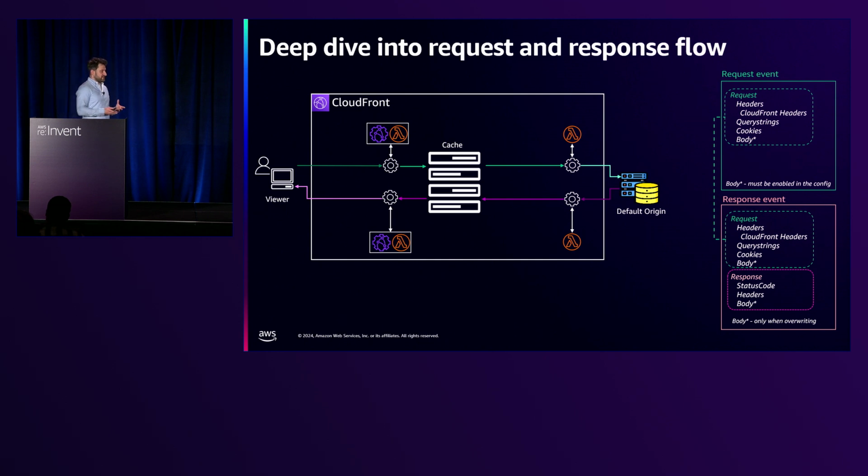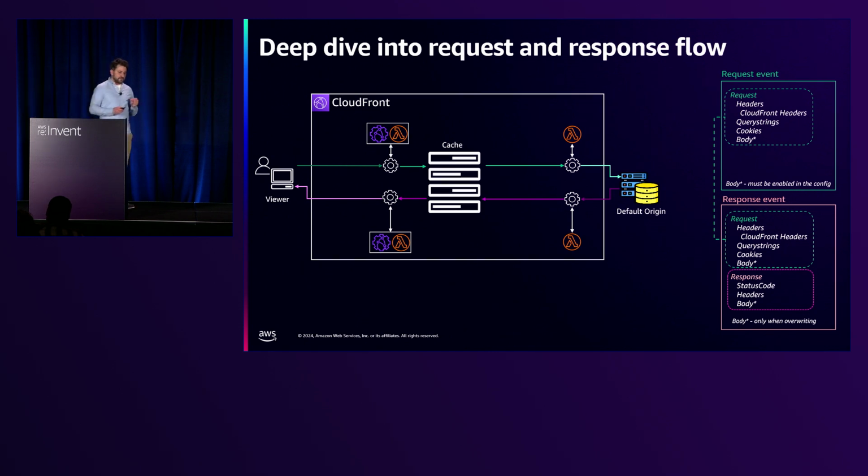Where this option gets exciting is when you realize that any changes you made to that event response or event request object will actually be reflected in the underlying request or response. And this is one of the main powers of edge compute in CloudFront, that it allows you to modify requests and responses on the fly.